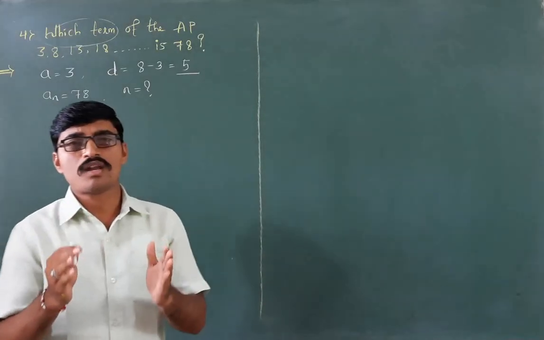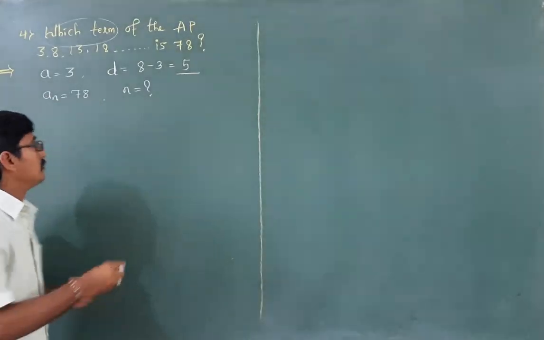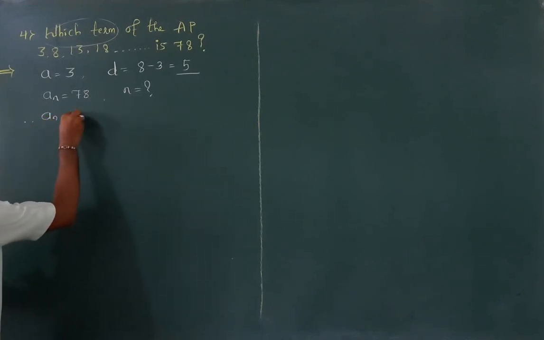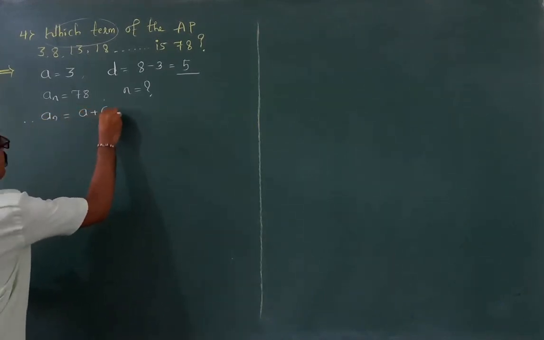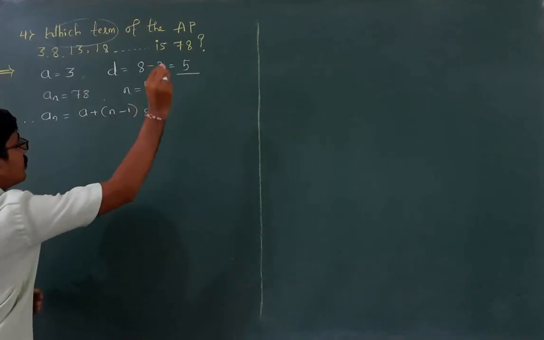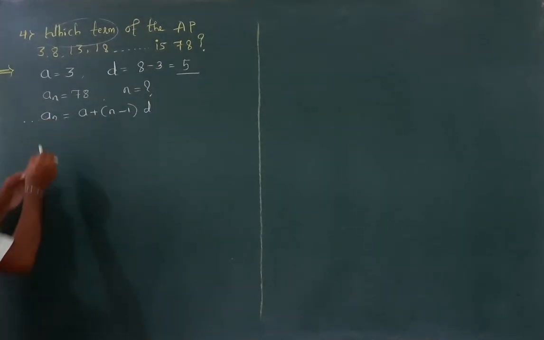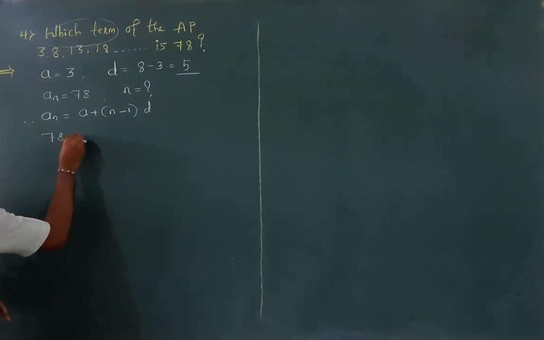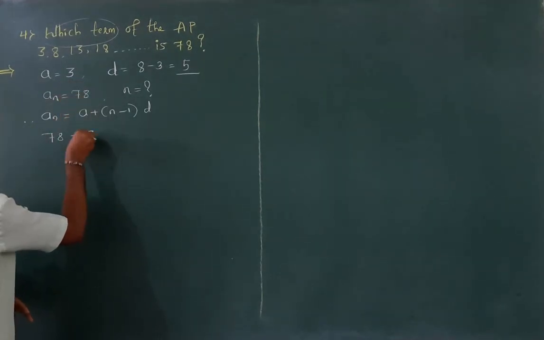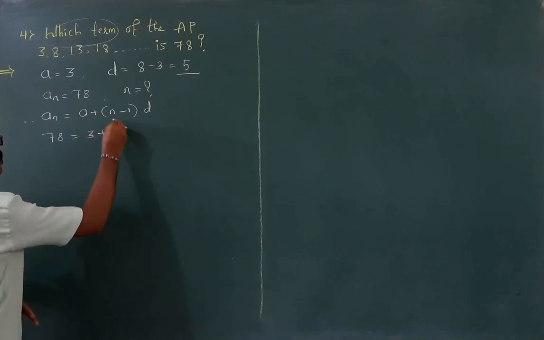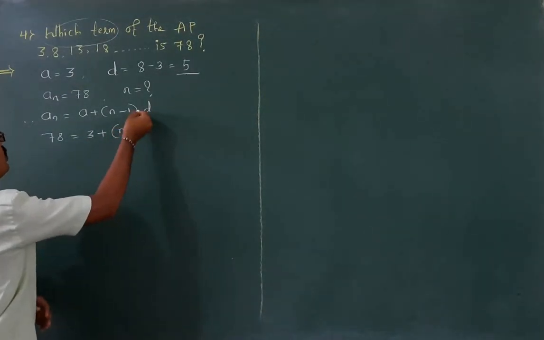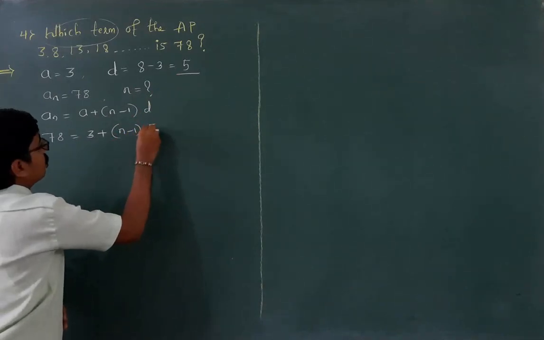By using the formula, the nth term of an AP is an is equal to a plus n minus 1 into d. So here an value is 78. Substitute an as 78, which is equal to a value 3 plus n value we don't know, n minus 1, d value is 5.